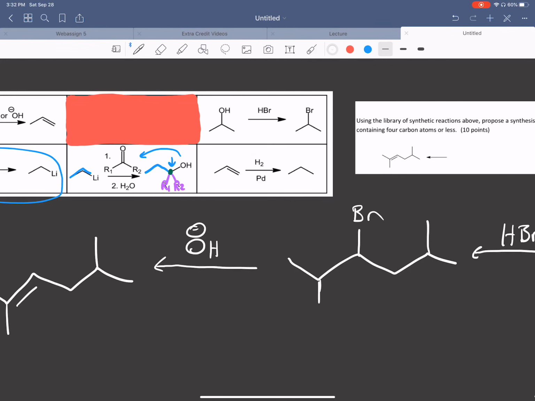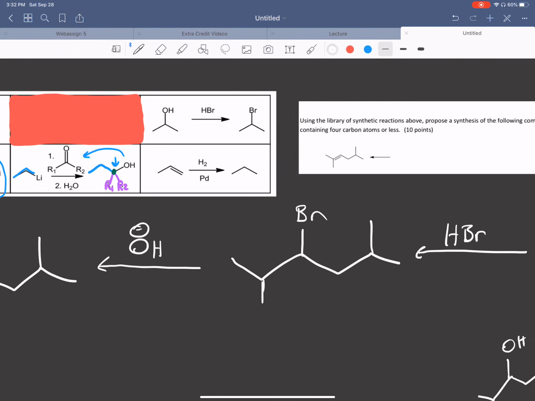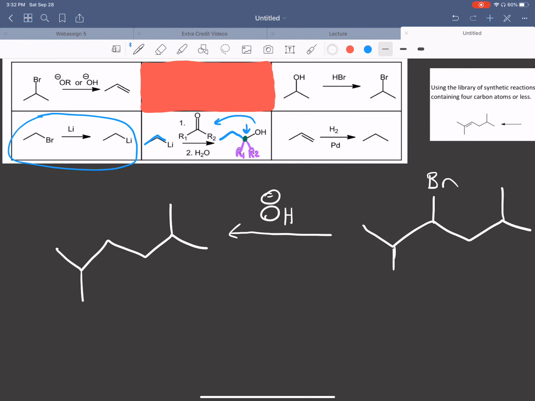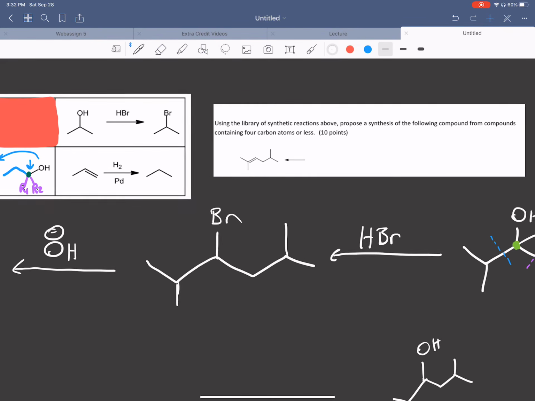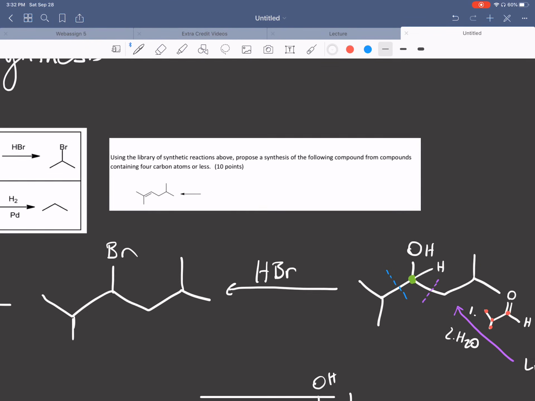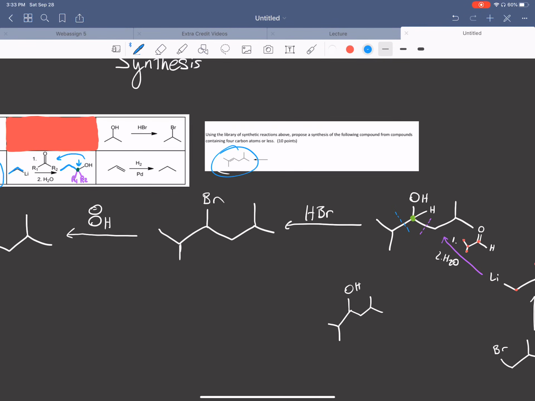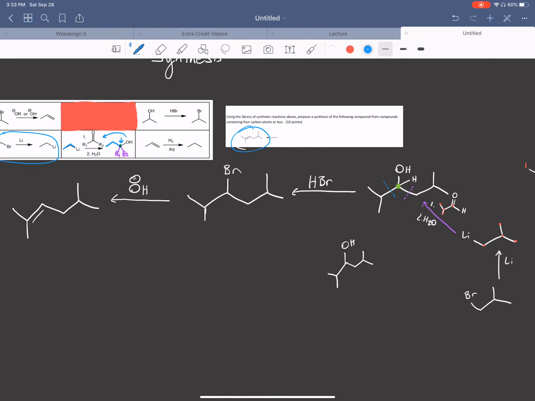And so that's going to either be on the left or right hand side. On the right hand side, it would form it like this, which is not as substituted as this one. So we know that the one on the left is going to be the one that forms 100% of the time, which is exactly what our original compound was that they gave us, right? This. And so this is a synthesis that would give you credit on the test.